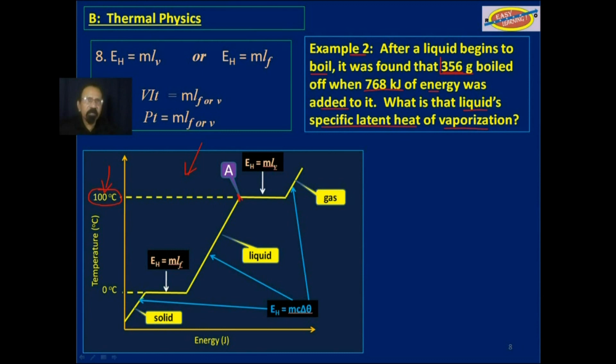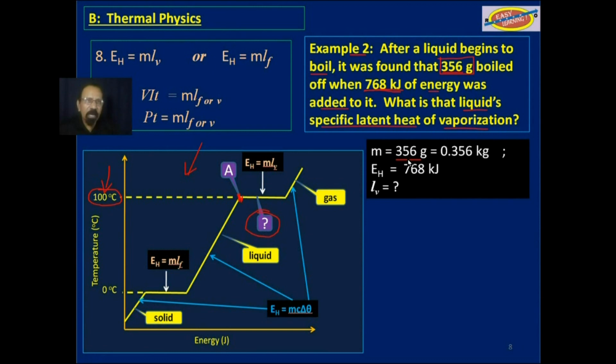Or we vaporize 356 grams when 768 kilojoules of energy was added at this point. So we want to know what is the specific latent heat of vaporization of that liquid. So let's see what we know. We know the mass is 0.356 kilograms.